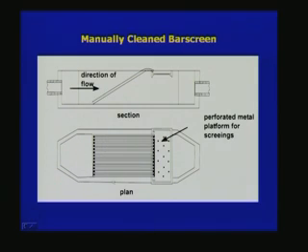The materials get deposited, and this is moving up to a perforated metal platform for the screenings. Screenings are deposited here and removed manually. Then we have the wastewater going out. So, this is a very simple arrangement of screens that is possible for removing the floating material from the wastewater.